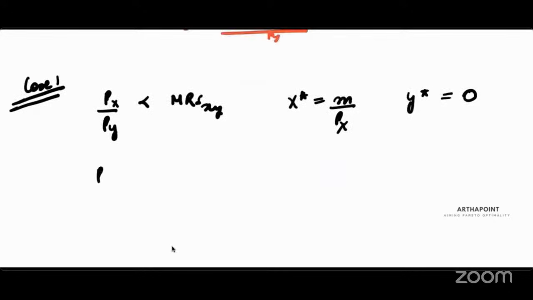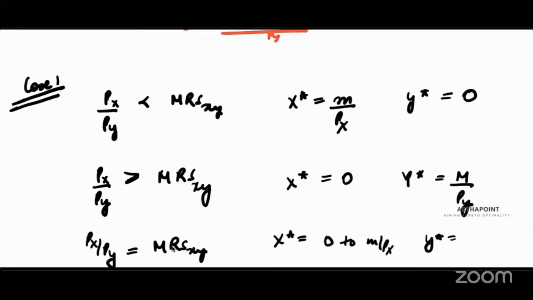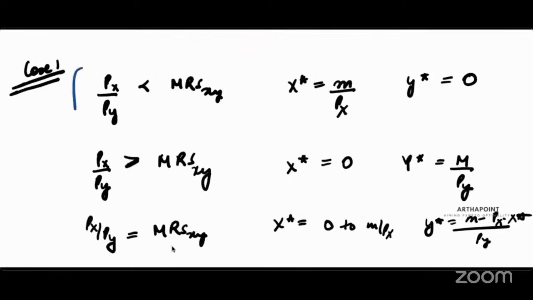Case 2, where Px by Py is greater than MRS XY, your X star is 0 and Y star is M by Py. Case 3, where Px by Py is equal to MRS XY, X star is anything between 0 to M by Px, and Y star is the remaining amount, M minus Px into X. This is your Marshallian demand.